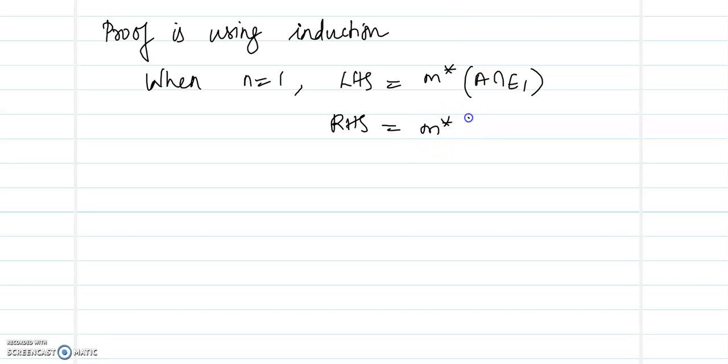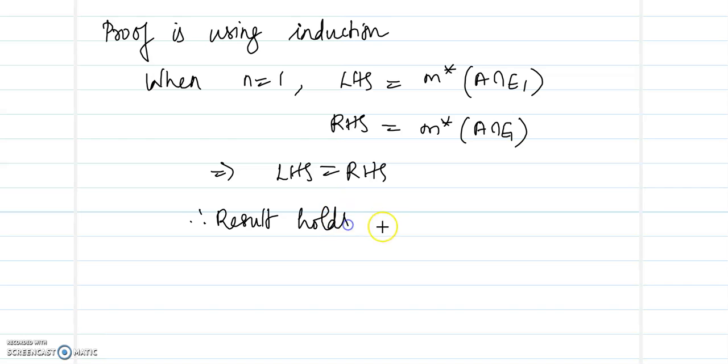So that will be m star A intersection E1 again. So that implies LHS is equal to RHS. So therefore the result holds for n equal to 1. So it is true for n equal to 1.